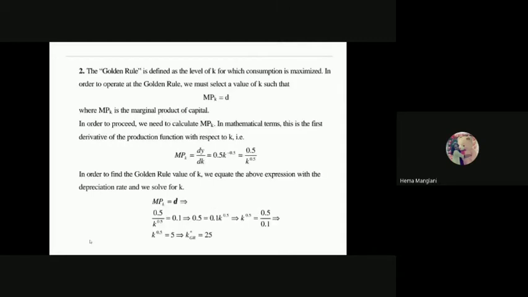But the golden rule K star value is 25. It means we still have potential. Our marginal productivity of capital allows us to proceed. I think you all need to recall the concept of golden rule of capital accumulation. Whenever you want to reach higher capital, it means your golden rule level is still allowing you to increase this capital to reach a higher level of steady state.